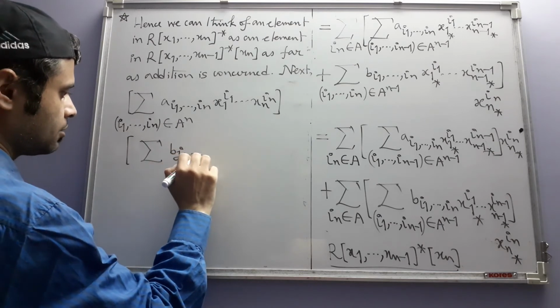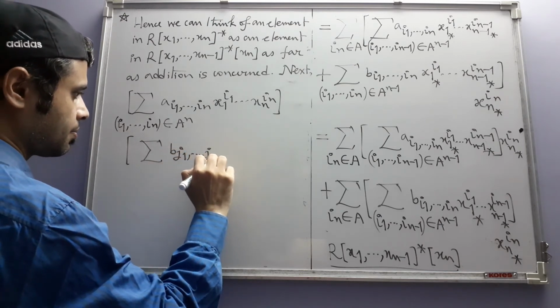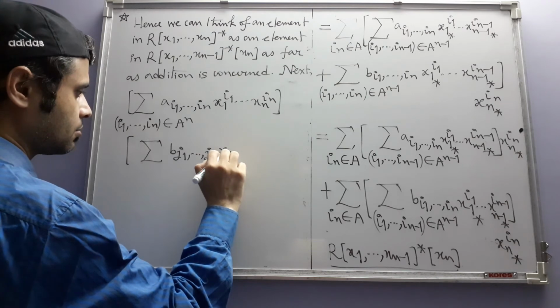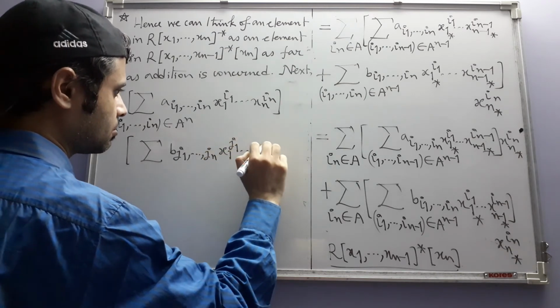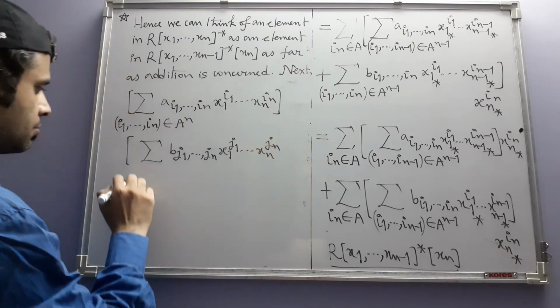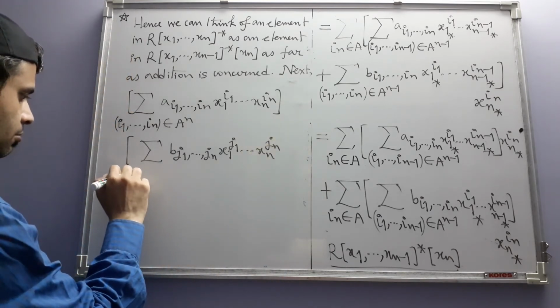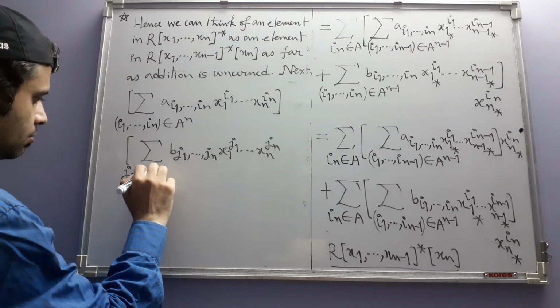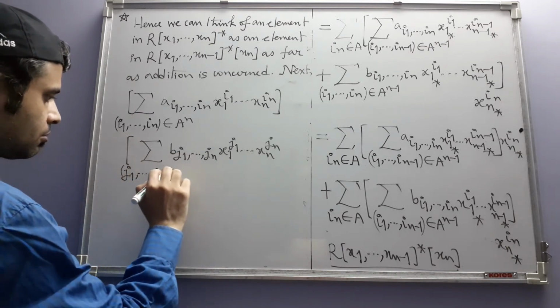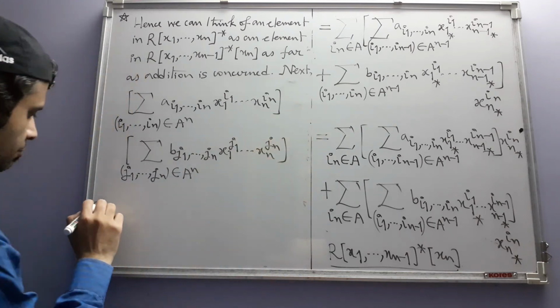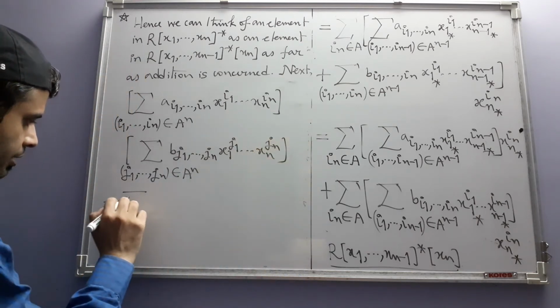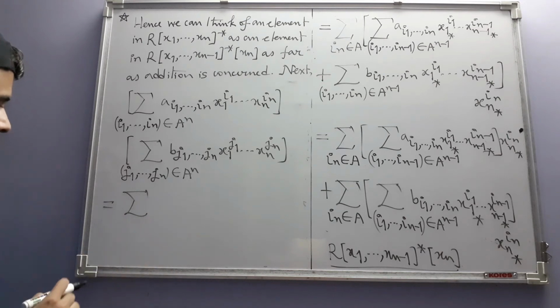Because of product, we are using J. So first we apply the definition of product and then we will modify it accordingly.